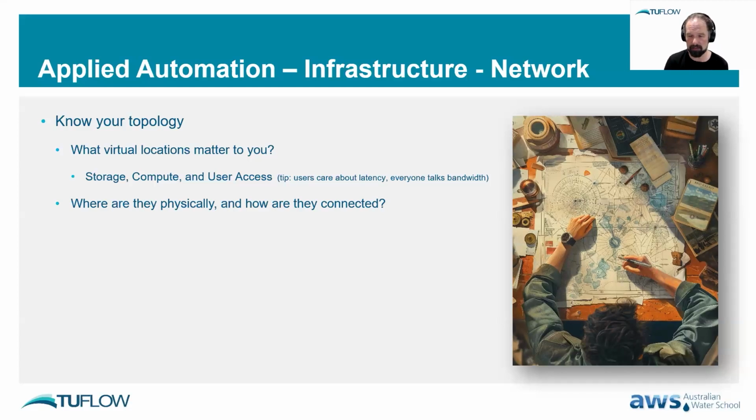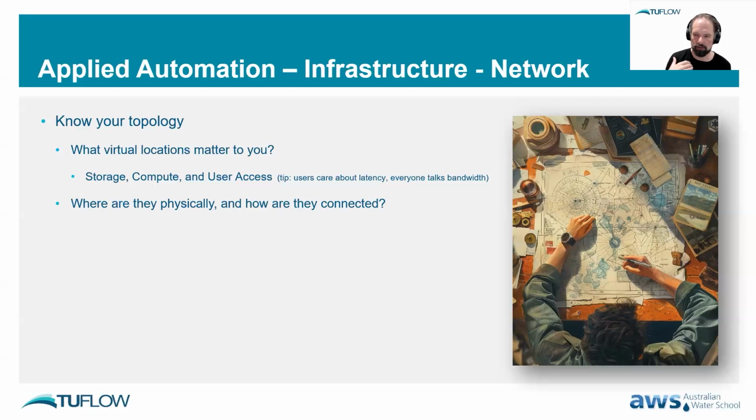Where are they physically? Are they in the same office as you are? Are they maybe in the data center? Maybe they're on a different continent altogether. And how are they connected? So what network connections exist between these resources? You don't really have to understand this at a technical level, but just try to understand it as boxes and lines.